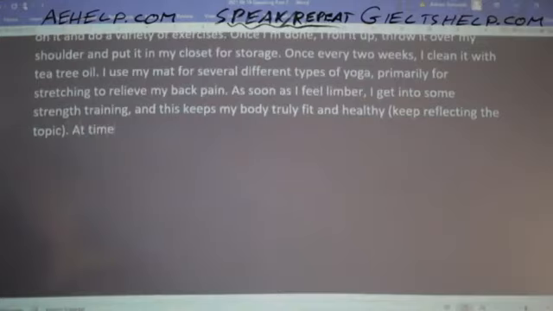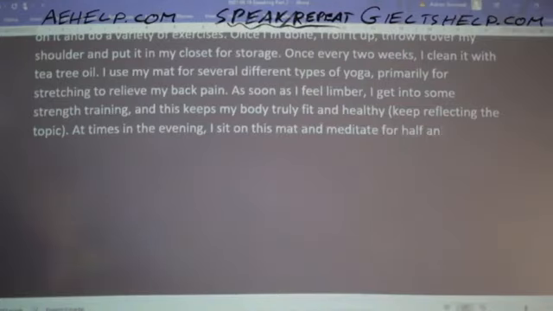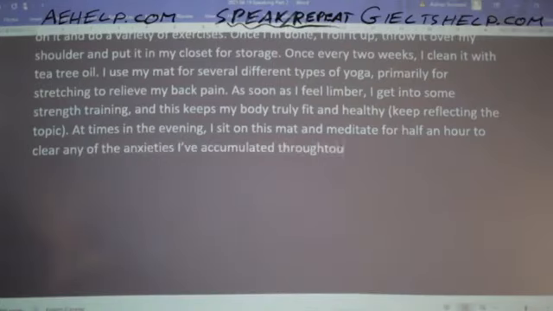At times in the evening, I sit and meditate. I sit on this mat and meditate for half an hour to clear any of the anxieties I've accumulated throughout the day.